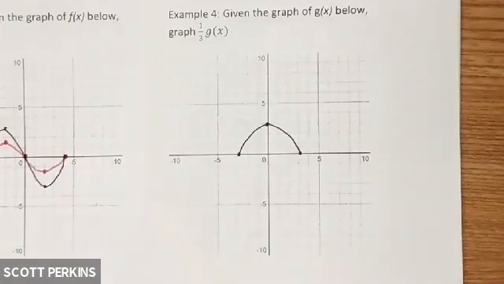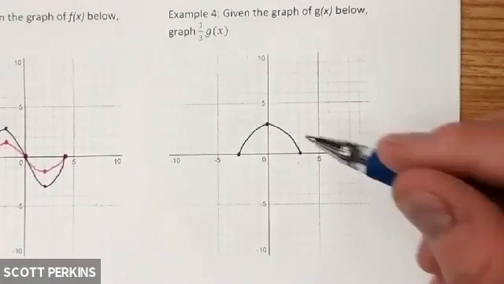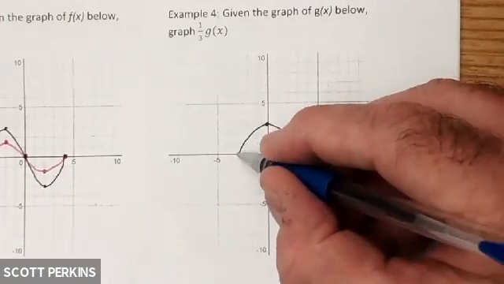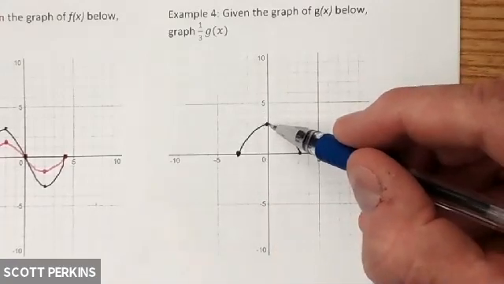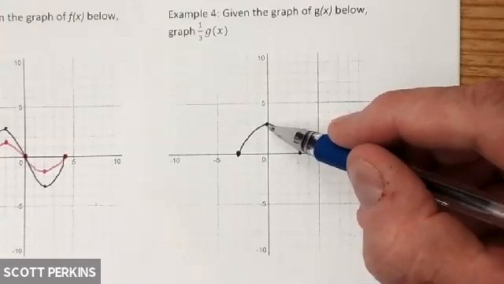So I'm going to multiply the y values here by 1/3. On the left, that y value is 0, so it's going to stay 0. In the middle, the y value is 3. So what is 1/3 times 3?